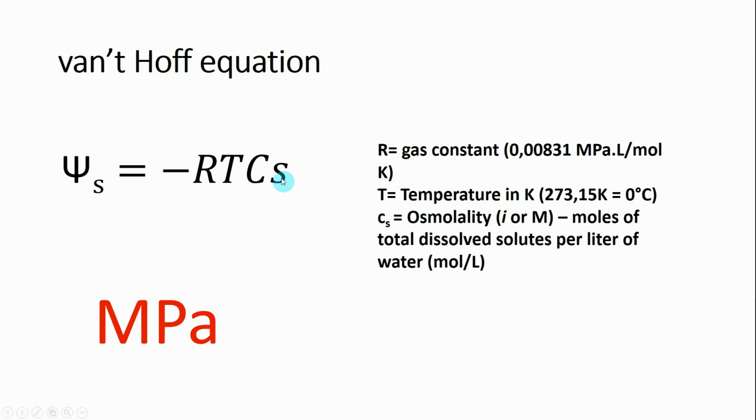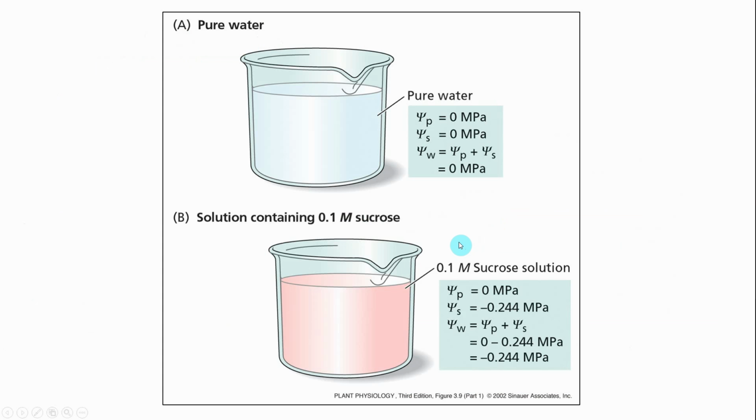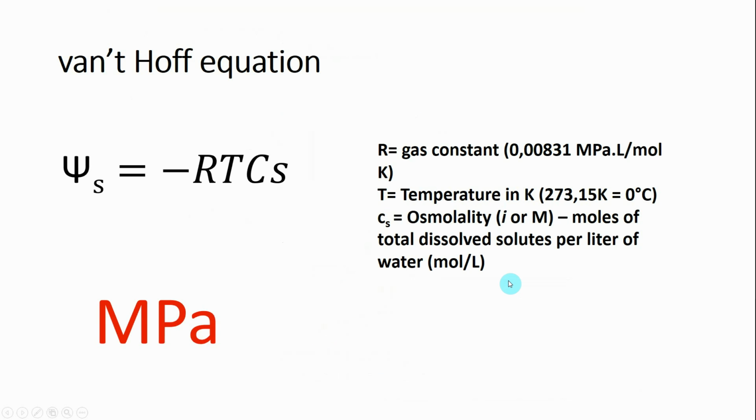So this C S is osmolality. So remember, we said up here, we had 0.1 molar of sucrose. So osmolality is how many moles of the solute are dissolved per liter of water, or in the solvent, moles per liter.